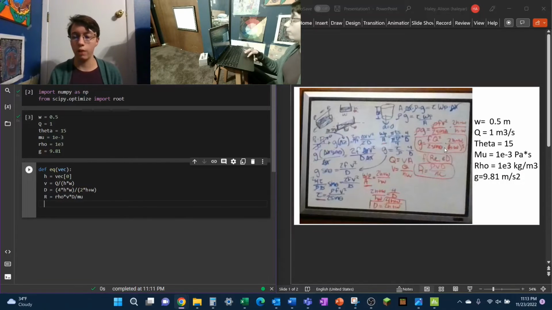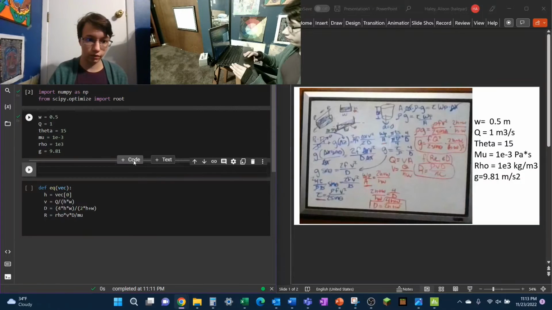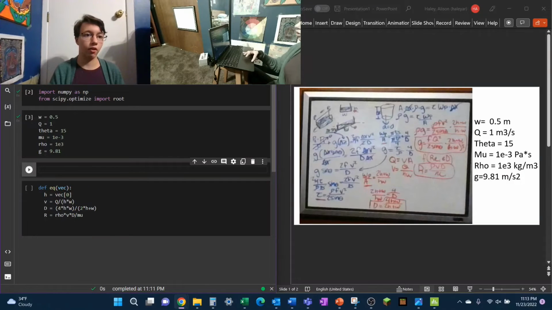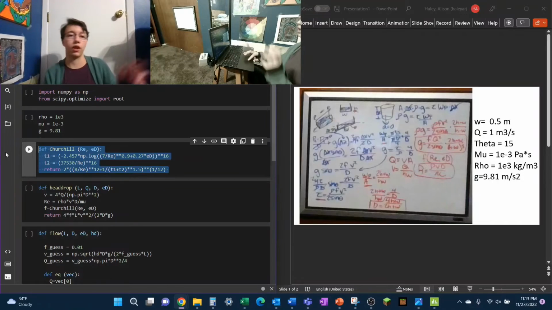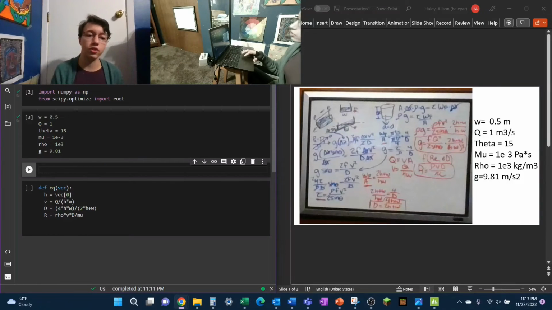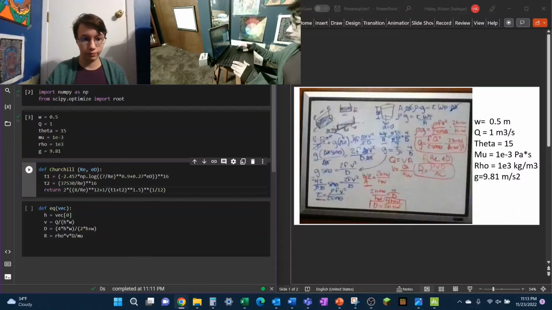So we're also going to need our friction factor. So for that we're going to define that outside, and we're going to take our function that we created for the friction factor back in homework 3, where I went through exactly how we came up with this function. We're just going to copy and paste it. Over here we use the Churchill equation to calculate this Fanning friction factor.